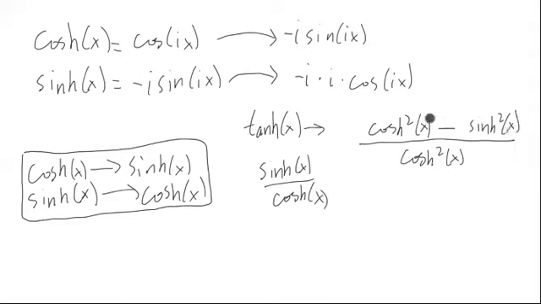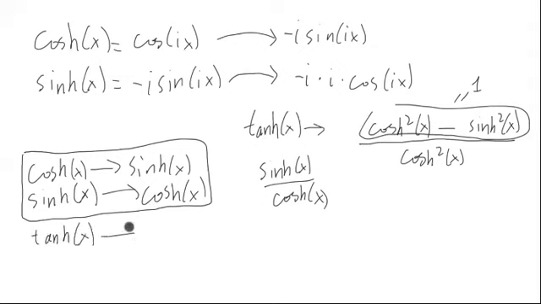Now, if you recall, this is like x squared minus y squared equals 1 on the unit hyperbola, so this is just 1. And so we end up getting just 1 over cosh squared, which is just sech squared. So as expected, tanh gives us sech squared.